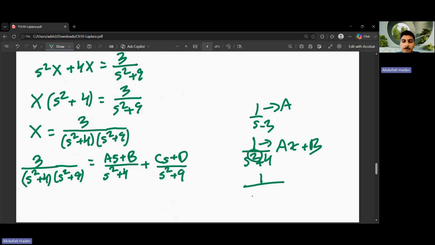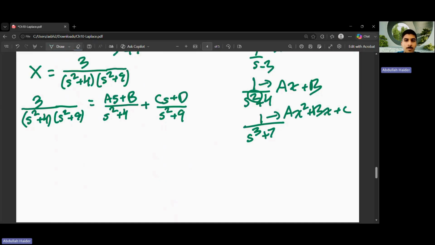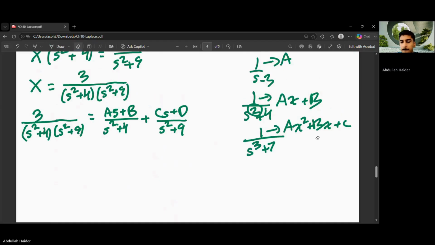Similarly, if you have 1 over s cubed plus 7, then you have as squared plus bs plus c. This is literally all the calculus 2 stuff. So let me first erase this.